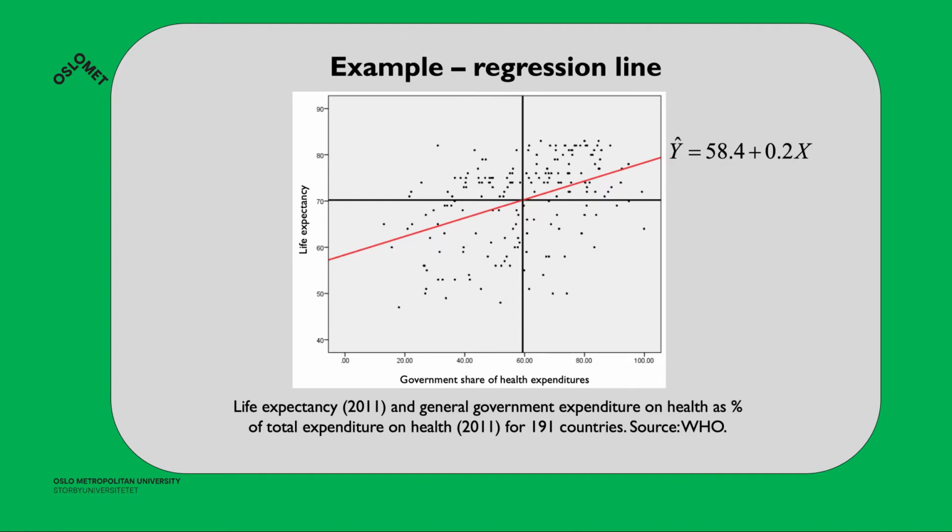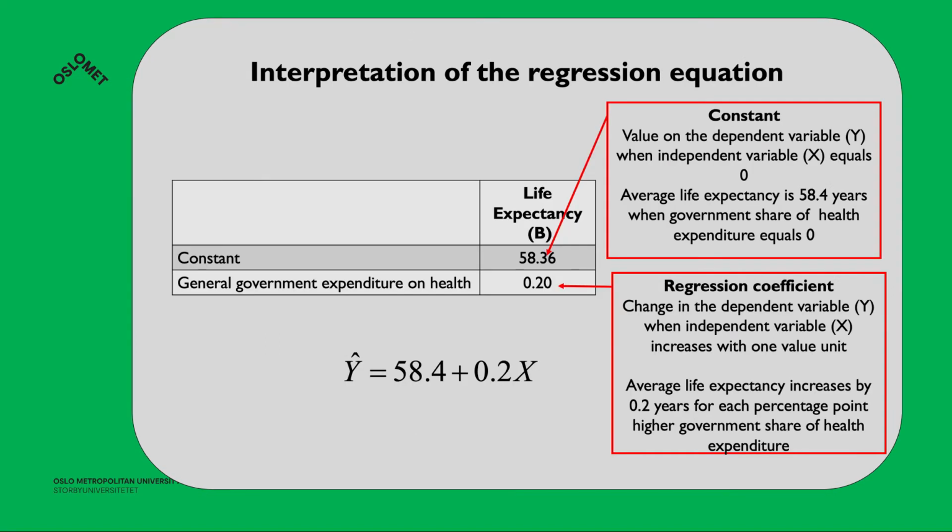But let's look at the interpretation more using the regression equation. So 58.36 is the constant, which is the value on the dependent variable y when the independent variable x equals 0. So that's average life expectancy when the government's share of the health expenditures equals 0. But again, that can only be given a technical interpretation, because there are no countries where the government's share of the health expenditures is equal to 0.